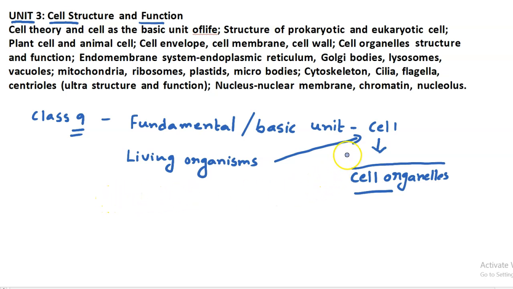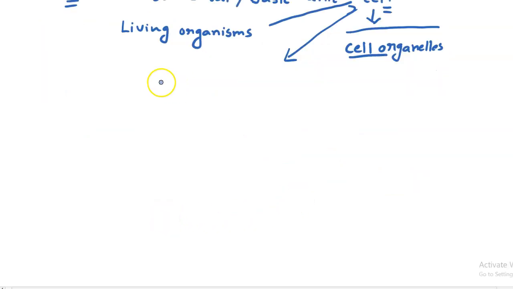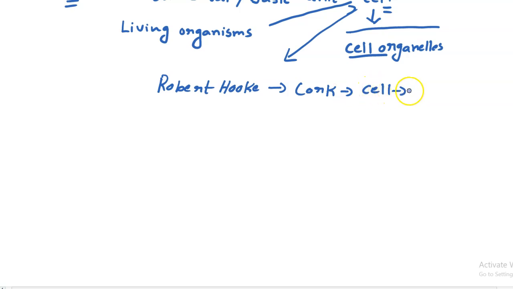In that case, first let us learn about this term cell. Robert Hooke observed honeycomb-shaped structures in the cork and used the term cell for these honeycomb-shaped structures.